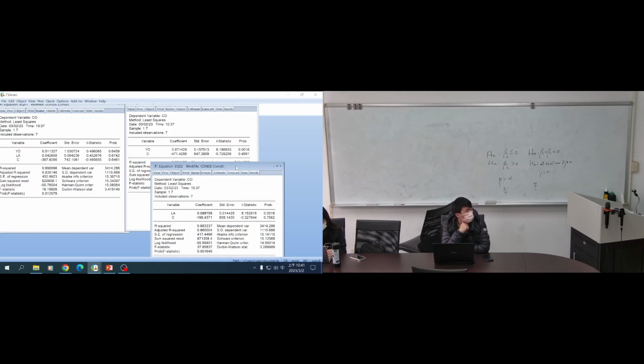And the coefficient is different too, right? Look at the coefficient with YD itself and with LA both. The coefficient with YD itself increases, just double. But the standard error reduces to 1/7. So in other words, that will affect the t statistics, because the t is the coefficient divided by the standard error.